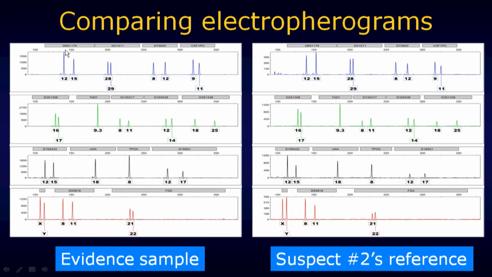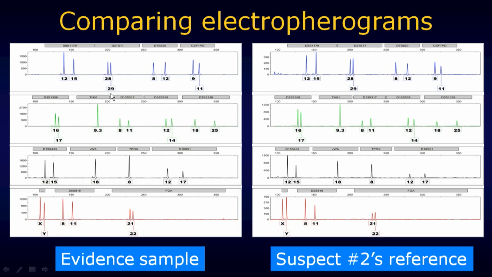Well, remember at D8, the evidence sample had a 12 and a 15 as part of the DNA profile. And sure enough, at the D8 locus, we see that 12 and 15 showing up in the reference sample from this particular suspect. And at locus after locus that we look at, we're going to see again and again that suspect 2 could well be the source of that DNA.